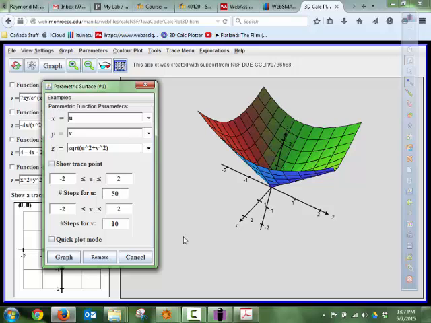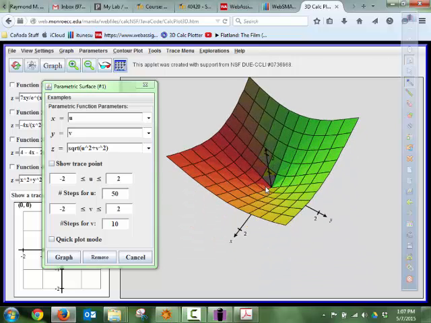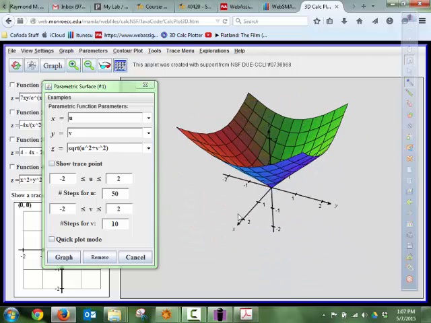Almost. It's narrower along the x, so not just squares are going to shrink, but just the x measurements. So it's not actually going to look like squares. If we look at it straight down, you can see squares. But now, if we change just the x, we're going to have more cuts. Okay, so let's graph it.